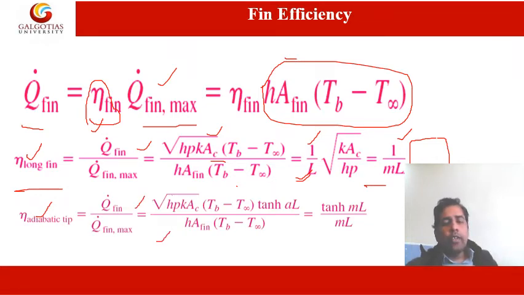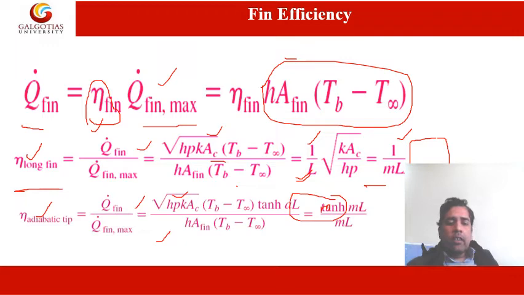As we have earlier calculated, for the adiabatic tip the actual heat transfer rate is under root hPKAc into TB minus T infinity into tanh mL, upon h A fin into TB minus T infinity. Here it is tanh mL, hyperbolic tan. Due to a printing mistake, an a has been written here, but in place of a it should be m. Then that is equal to tanh mL upon mL.